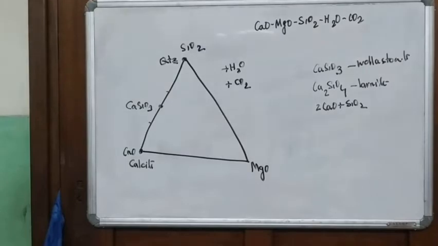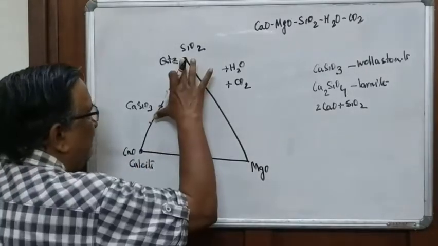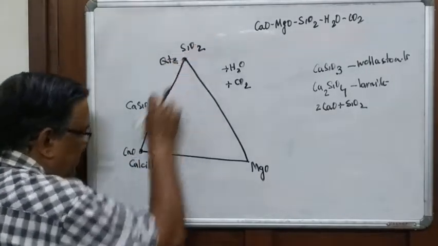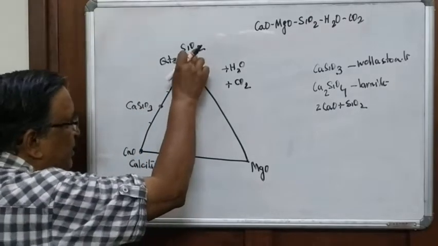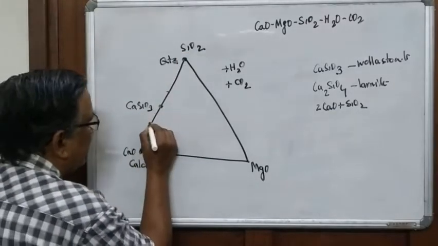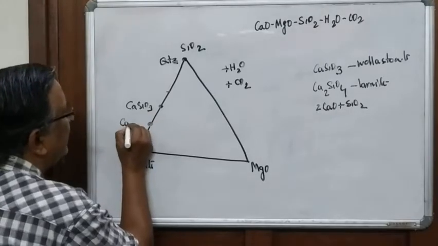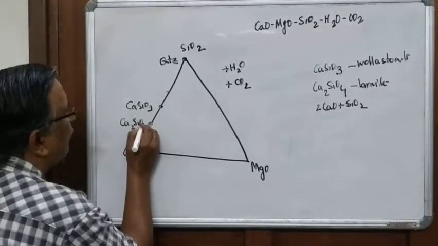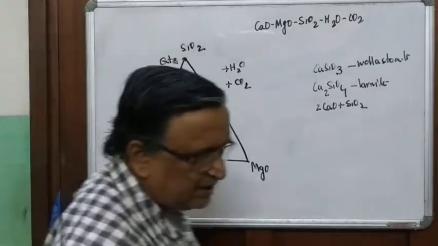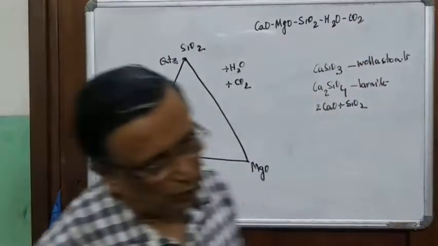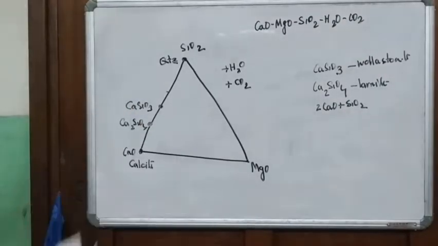And Ca2 means you have more of Ca. That means CaO is 100 here, SiO2 is 100 here. So if you go to this, then this will be the point where you have Ca2SiO4. You see, this is 2:1. So this will be the plotting position of Ca2SiO4.